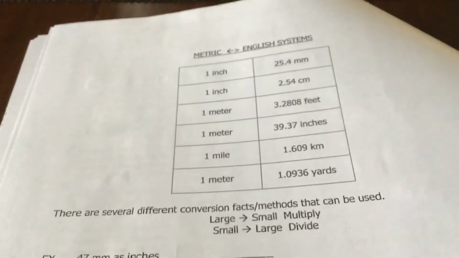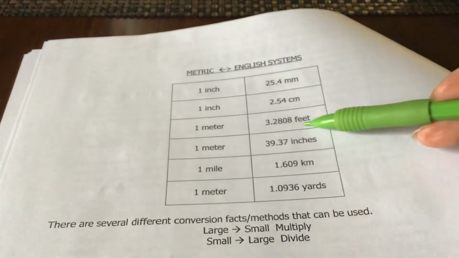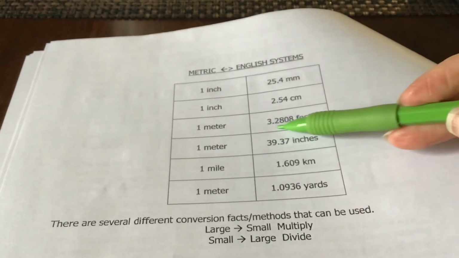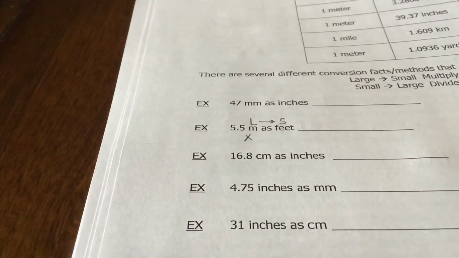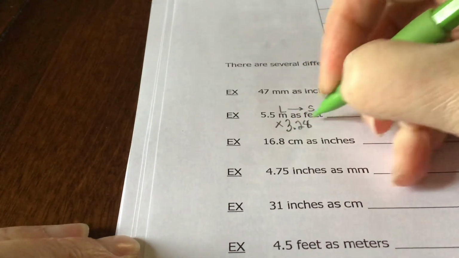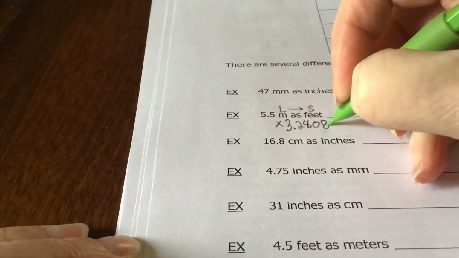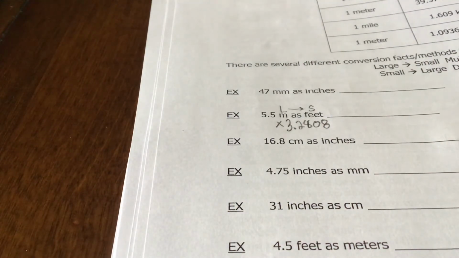I don't expect you to memorize these ones, but meters and feet is right there. See, in 1 meter, there are 3.2808 feet. And yes, you've got to use all of that decimal.